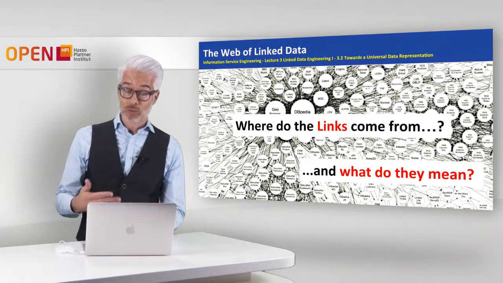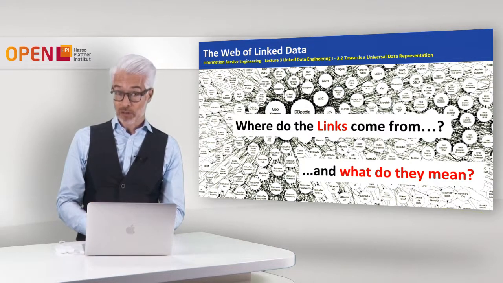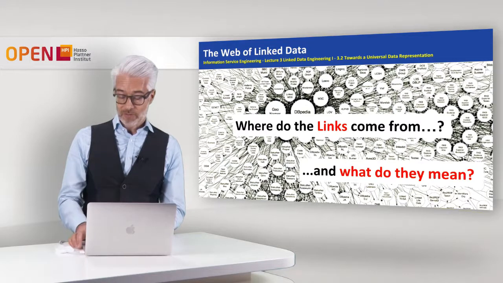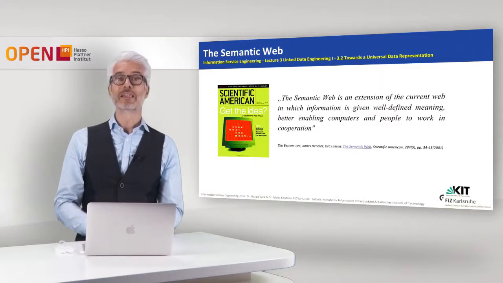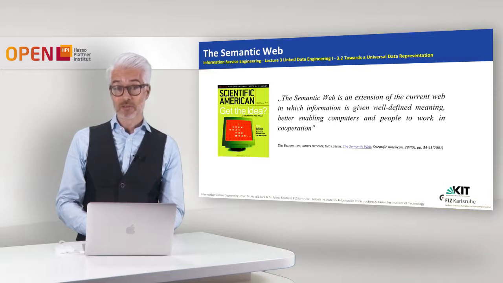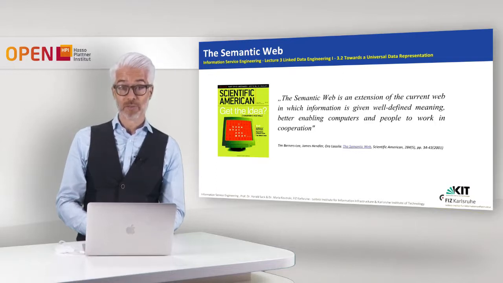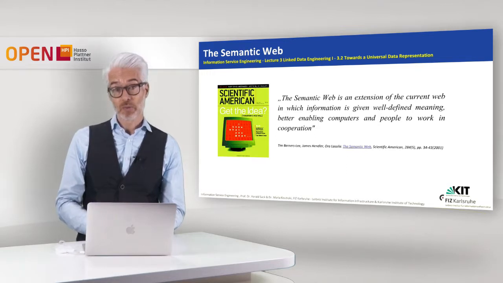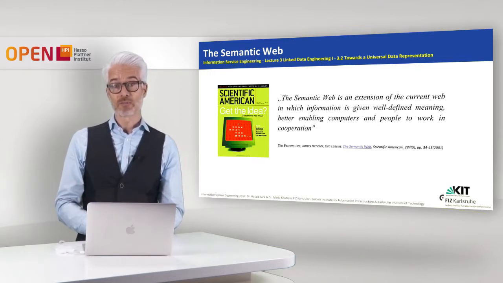And to make sense of it and to see how this really works, we will have a look at the so-called Semantic Web. The Semantic Web is kind of an initiative that exists now for almost 20 years, and this was planned as an extension of the current web, in which information is given a well-defined meaning with the purpose of better enabling computers and people to work in cooperation.